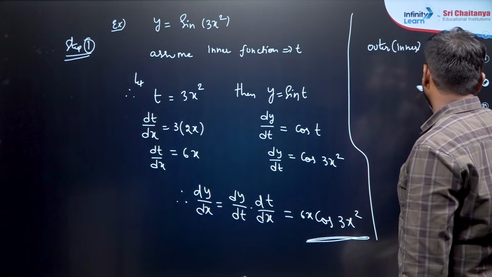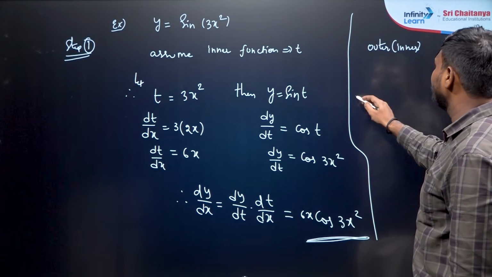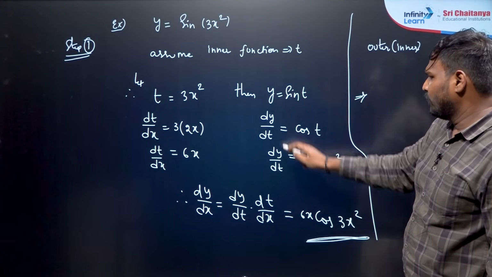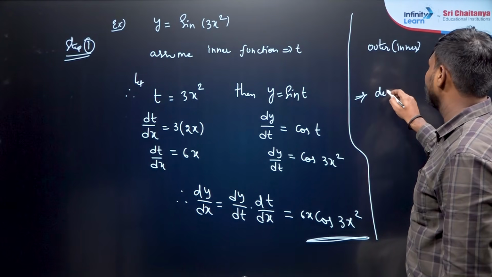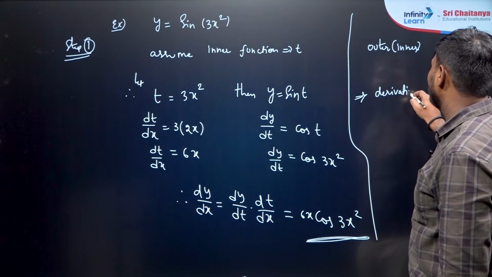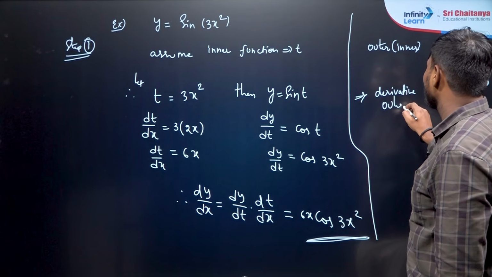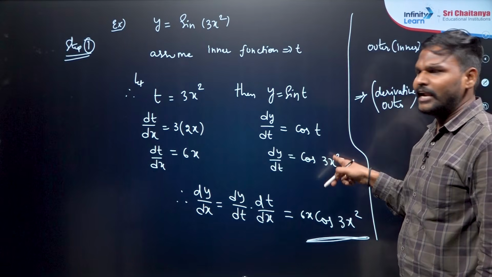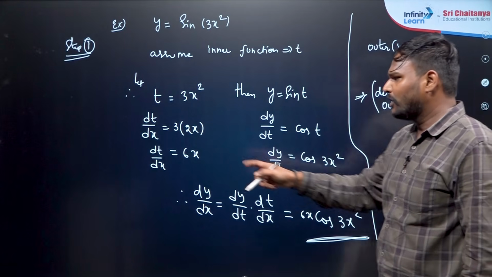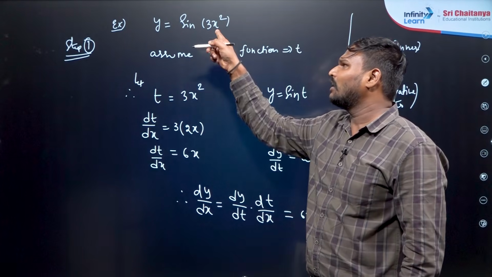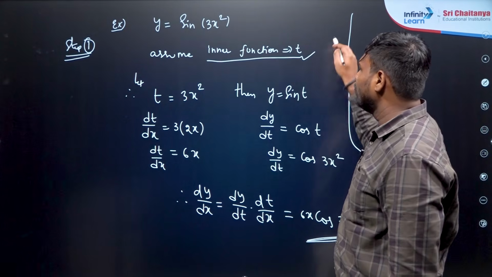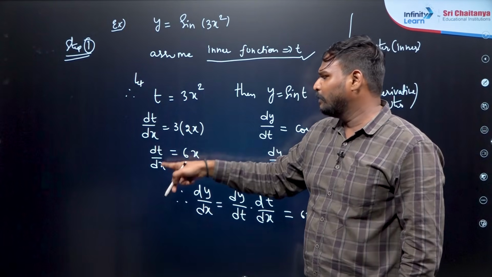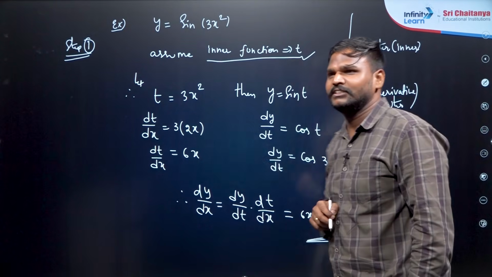Whenever outer function and inner function are there, what we will do, sir? We will differentiate outer function, which is dy by dt. In English it is called derivative of outer function. And what is dt by dx? If t is called inner function, because we have assumed t as inner function, then dt by dx is derivative of inner function.